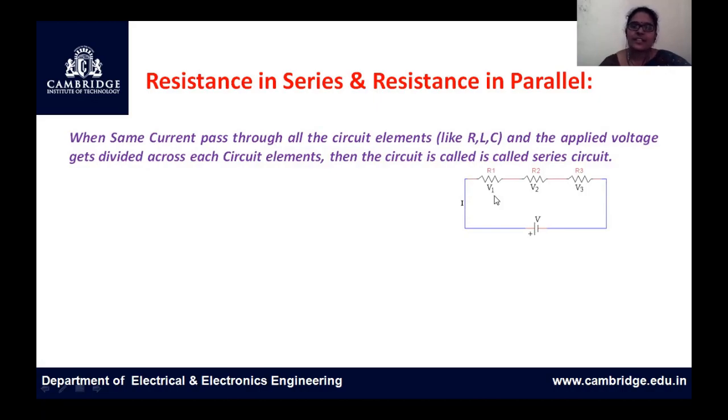In DC circuits, the circuit elements are only resistors. So I have taken 3 resistors, connected them in series and applied a DC supply. Now the current flows. In a series circuit, the same current flows through all the 3 resistors, whereas the applied voltage gets divided across the resistors based on their resistance value. This is how we can define a series circuit.